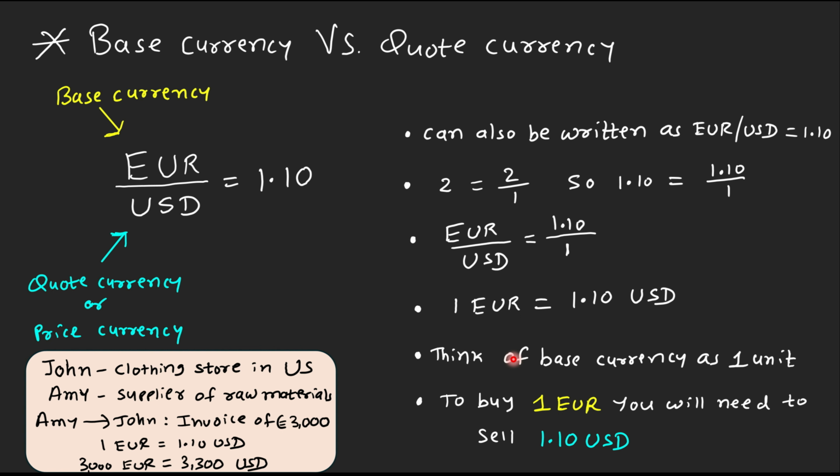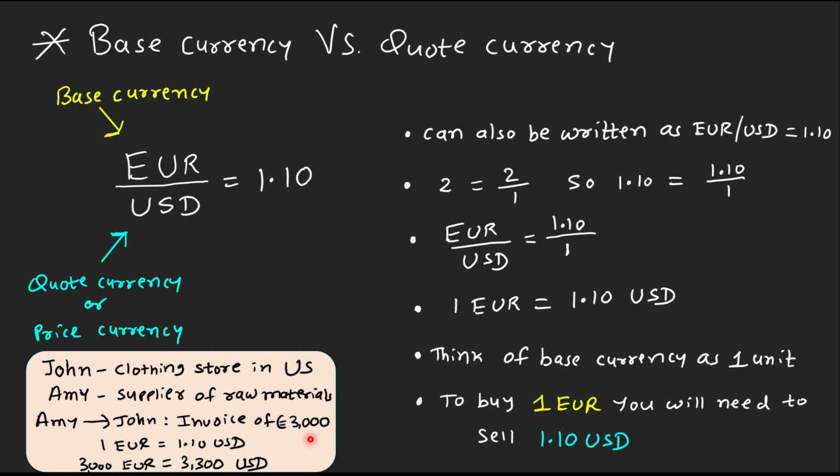Let's say John has a clothing store in the United States. Amy is a supplier of raw materials to John, and Amy is living in, let's say, Europe. So Amy sends John an invoice of, let's say, 3,000 euros.